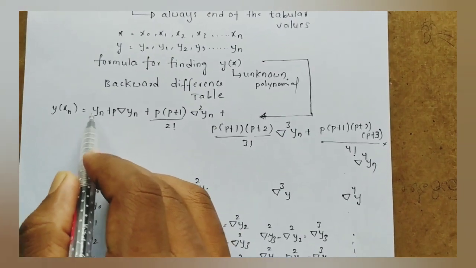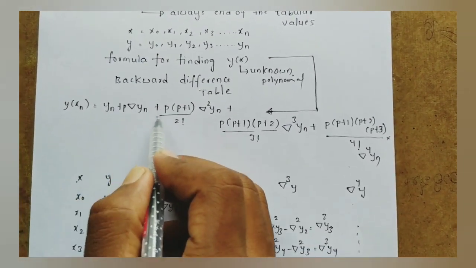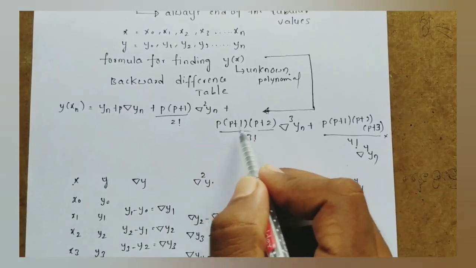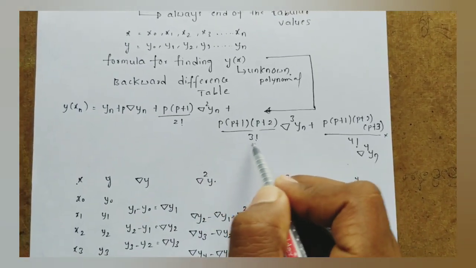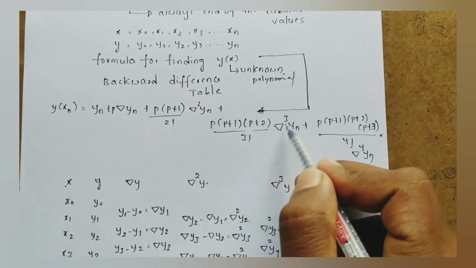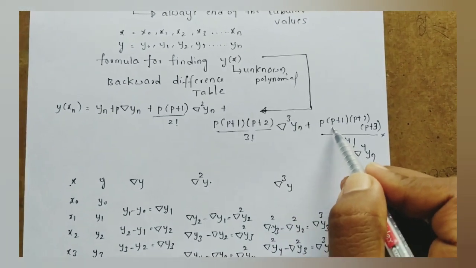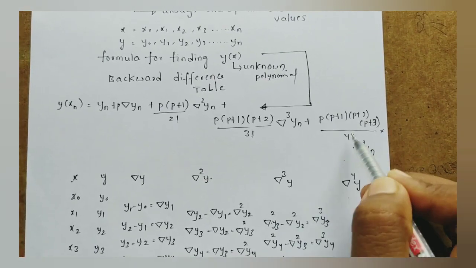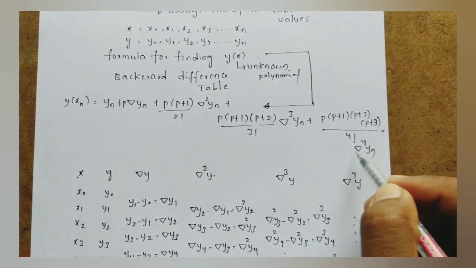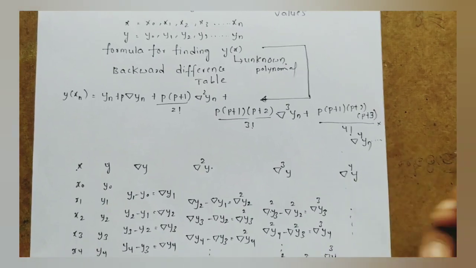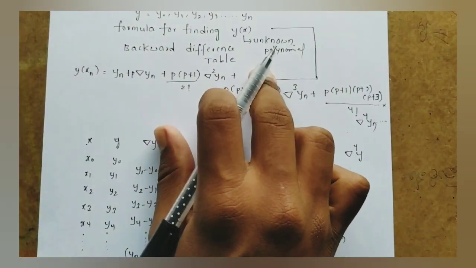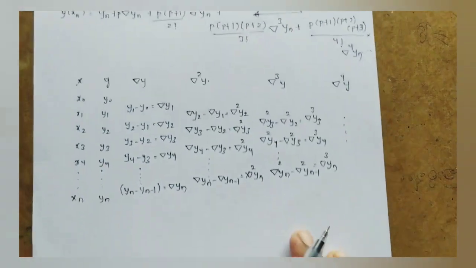Already we know yn plus p delta yn plus p into p plus 1 by 2 factorial del square yn plus p into p plus 1 into p plus 2 by 3 factorial into del cube yn plus p into p plus 1 into p plus 2 into p plus 3 by 4 factorial into del power 4 yn and so on. Depending upon the tabular values, the formula can be written.